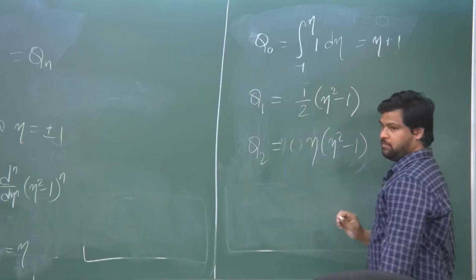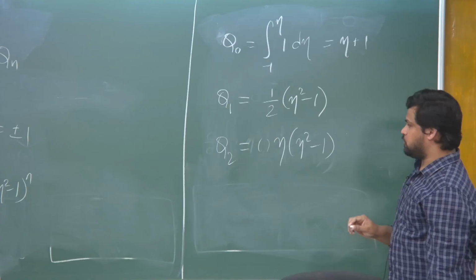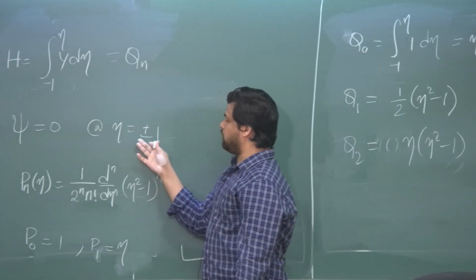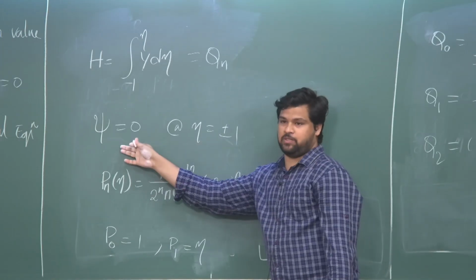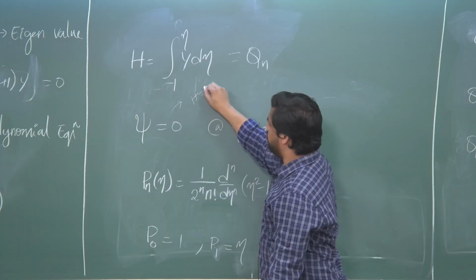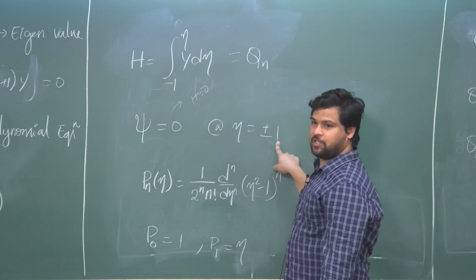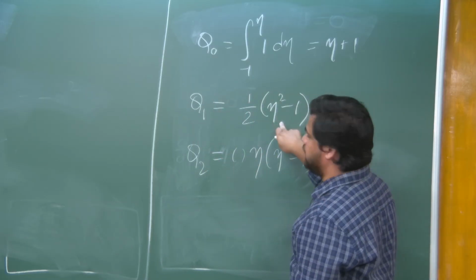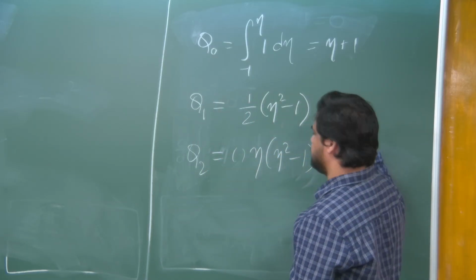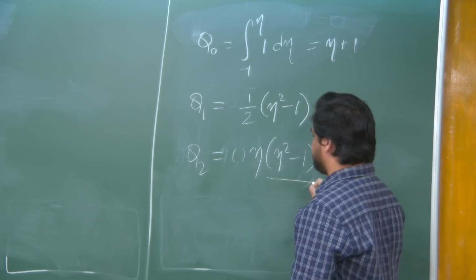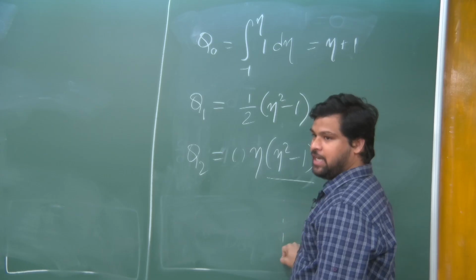Similarly, if you do for other steps, you will get some constant times eta square minus 1. If you observe here, our boundary condition is that h is 0 at eta equal to plus or minus 1. If you put eta equal to plus or minus 1, this is satisfied, and for all higher terms you have this eta square minus 1, so it will be satisfied.